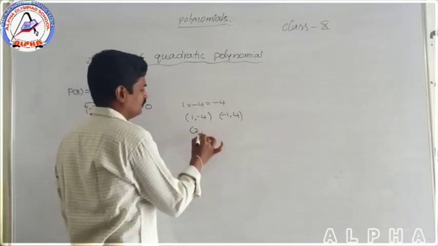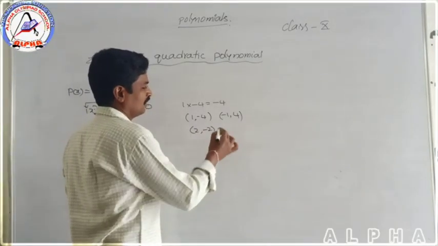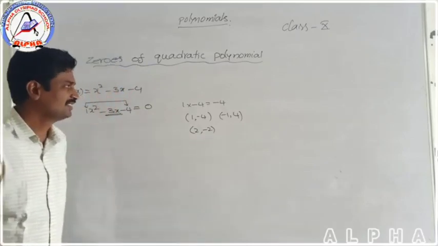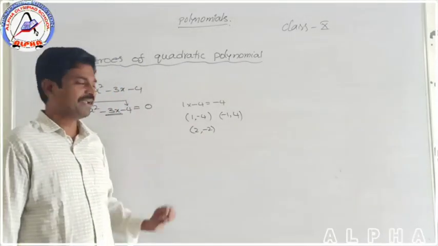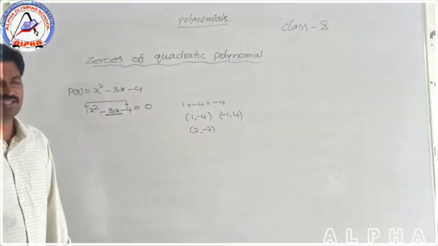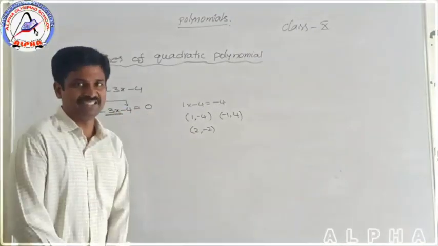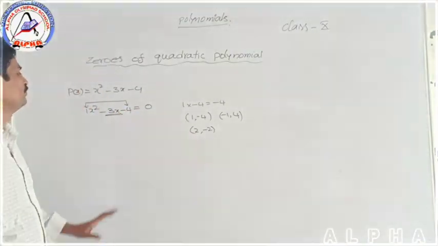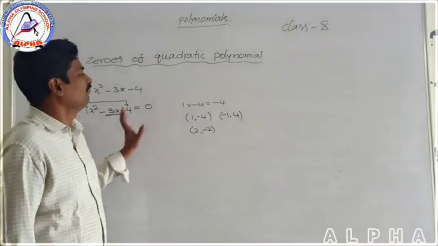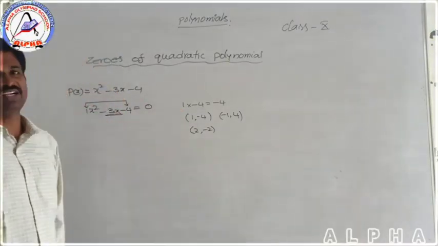Next, 2 and minus 2, or minus 2 and 2. These are the pairs of factors of 4.